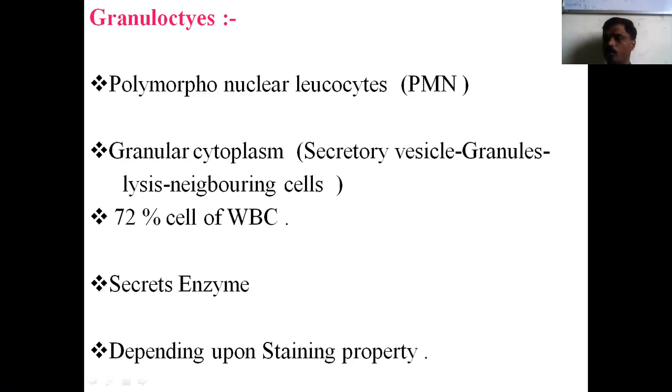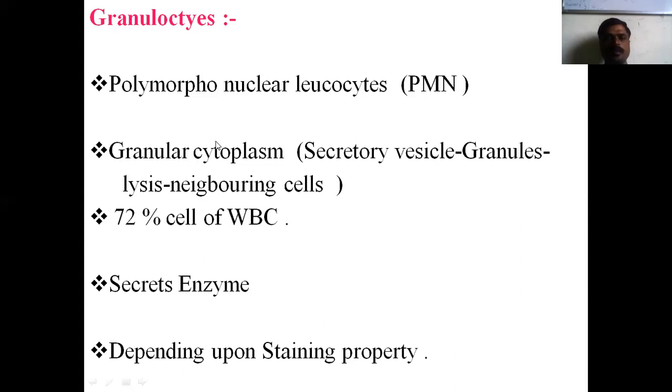Which stain is lost or retained depends upon the granulocyte type, acidophils or basophils. In the previous year we discussed gram positive and gram negative bacteria: which bacteria retain the stain and which lose the stain depending upon the stain nature. In the same way, it is acidophils, basophils, or neutrophils.